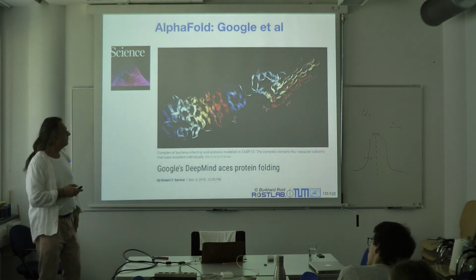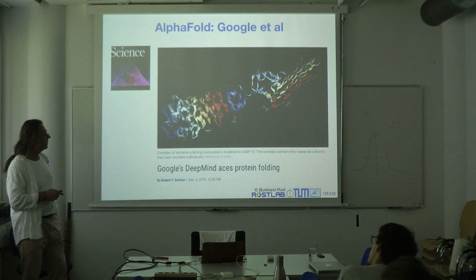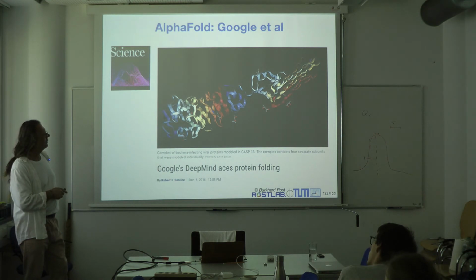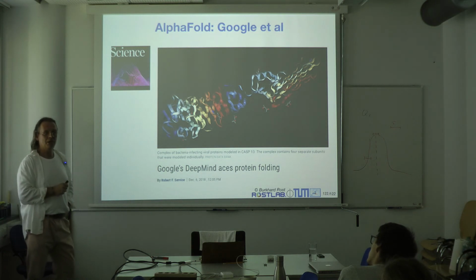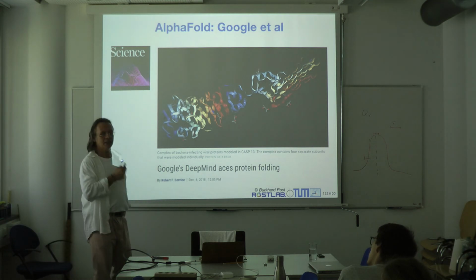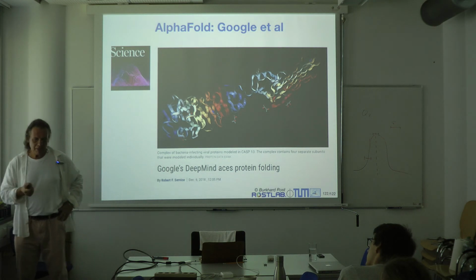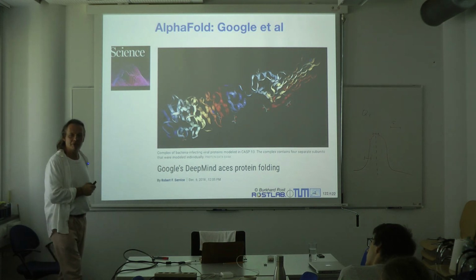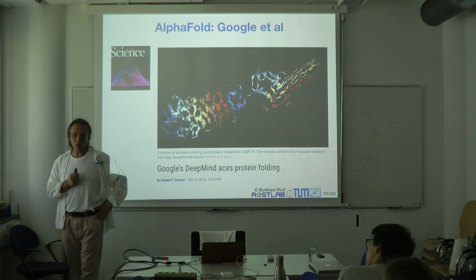Here is another set, December 2018, just 7 months ago. Google's DeepMind, AlphaFold, is a method that won the CASP13 competition because it predicted structure better than any other group. And this, in many years of CASP, has been the first newcomer approach.